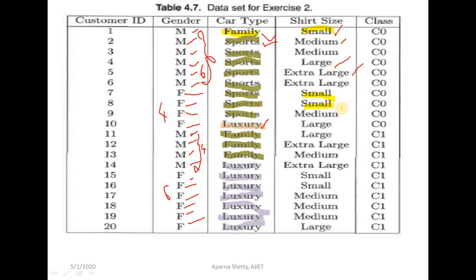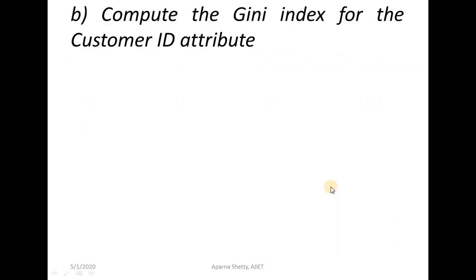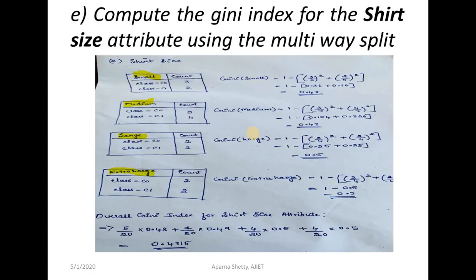So 3 belong to class 0 and 2 belong to class 1. What is the total count of shirt size small here? It is 5. Total count of the shirt size small is 5, right?